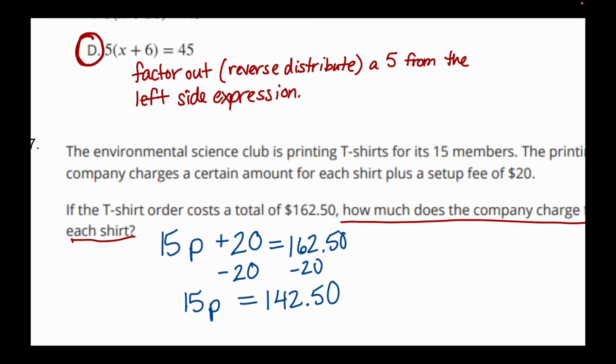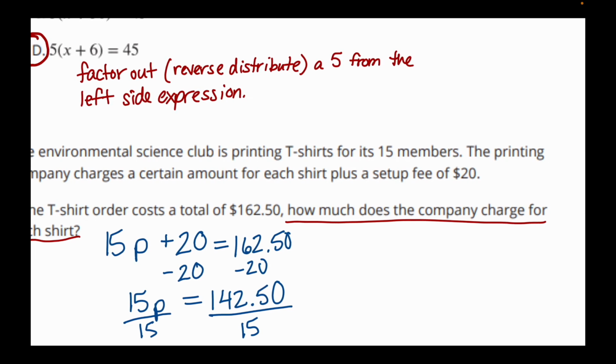142.50. This is where I'm going to use my calculator to divide, because I have to divide both sides by 15, and I don't know that I could do 142.50 divided by 15 in my head. But that will leave us with P equal to, and then this is where my calculator comes in, 142.50. We're going to divide by 15. This says 9.5, but I know it is dollars, so I'm going to say $9.50.